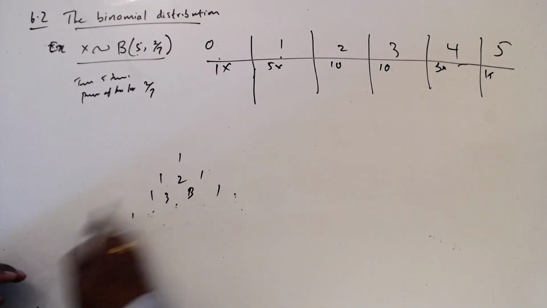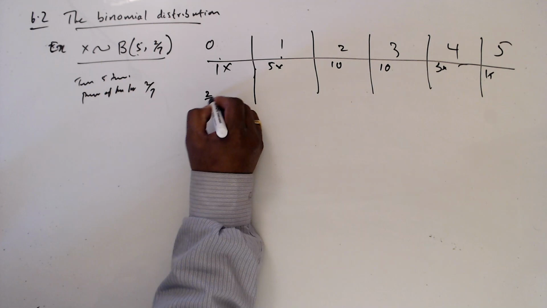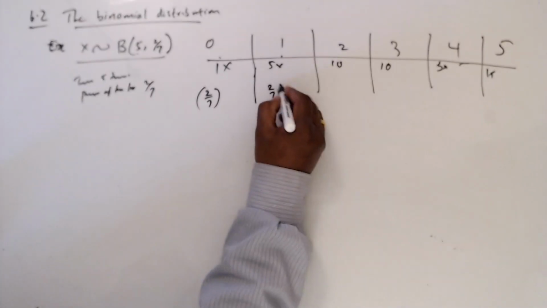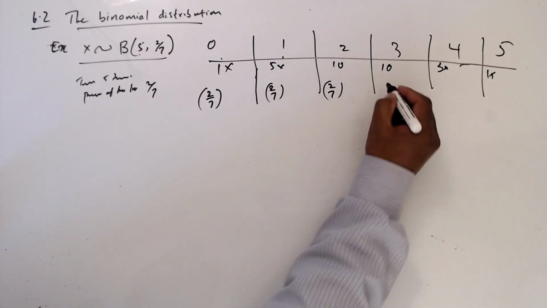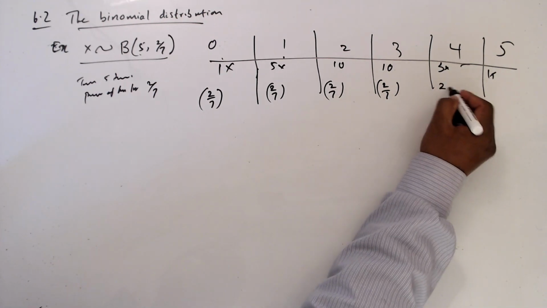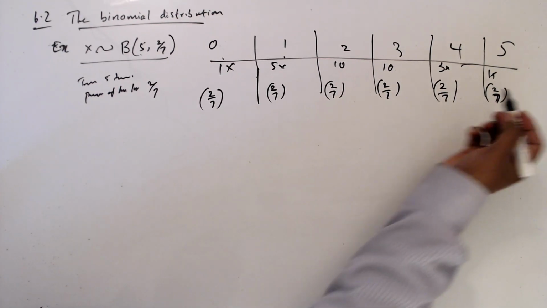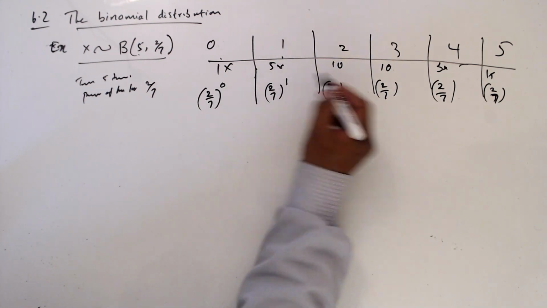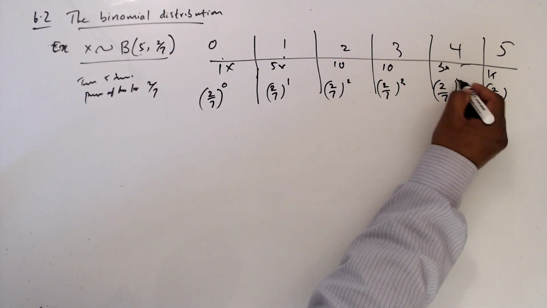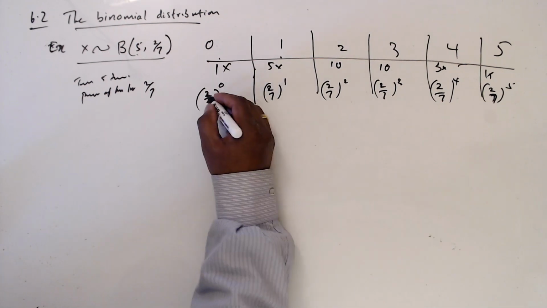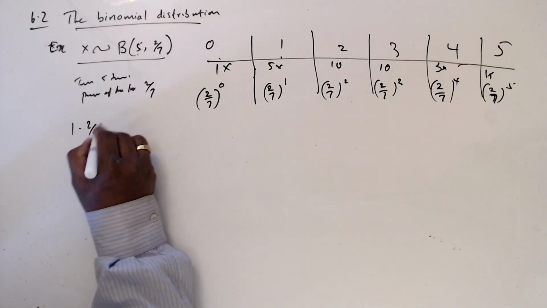Then you know the probability 2 over 7 raised to 0, 1, 2, 3, 4, 5. Then what is 1 minus 2 over 7?